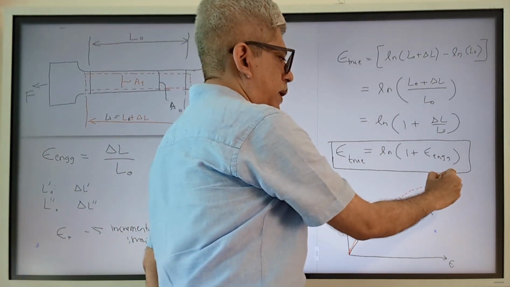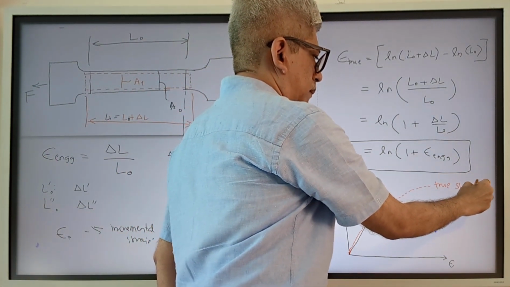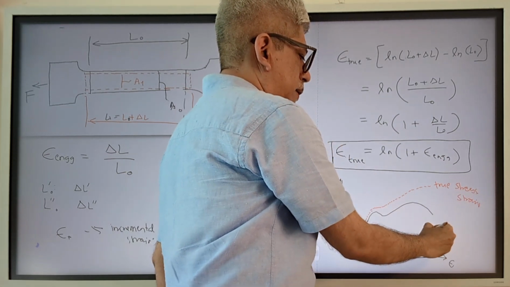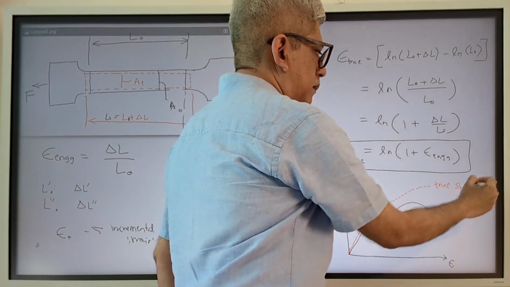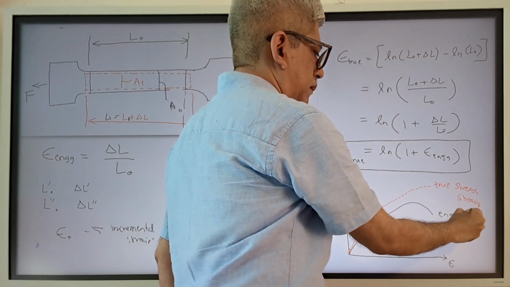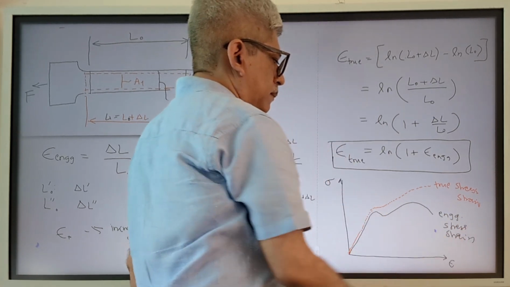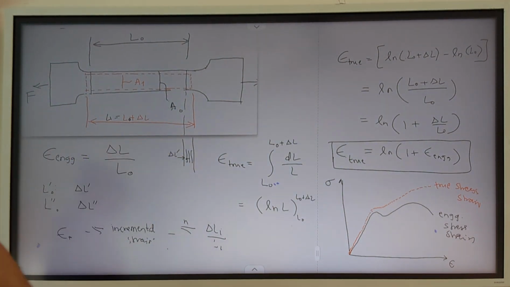So this is true stress strain. And the black color is the engineering stress strain. So that is how the engineering stress strain would look like.